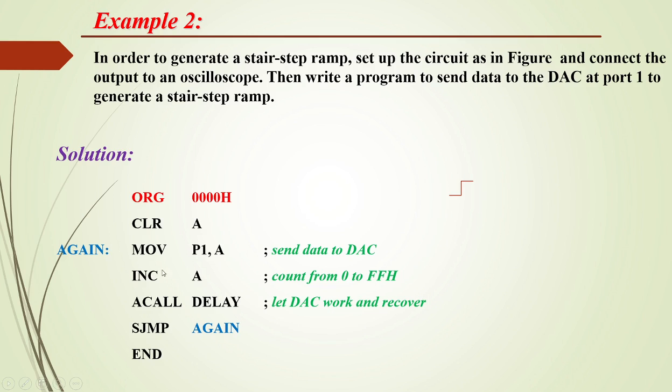Here the initial value given to the DAC is 0. After incrementing this accumulator equal to 1, this first stair is generated. So ACALL delay: here this flat of the first staircase will be generated. After that we are jumping to this instruction.